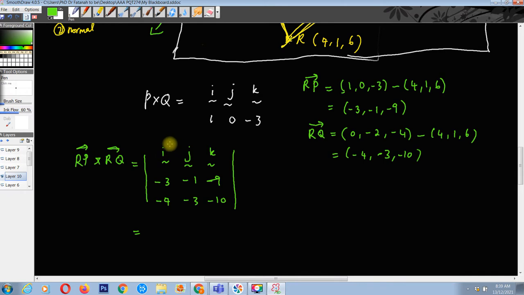If we want to find the I component, we take negative 1 times negative 10, and then minus negative 3 times negative 9. Okay, that is for I.